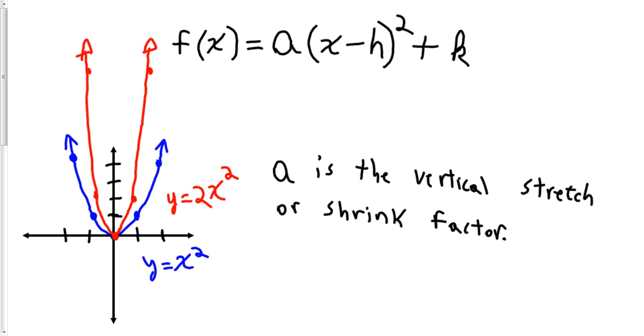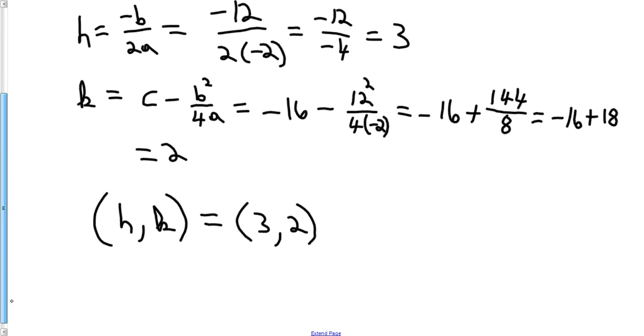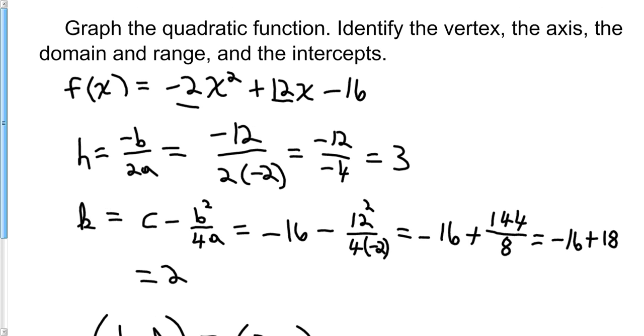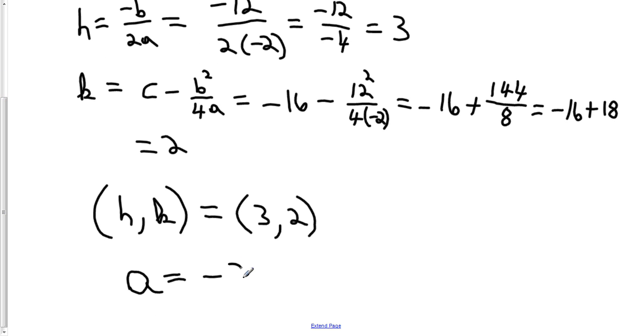Therefore, I know the value of a also for the graph of this parabola. I know that a is negative 2. All right, so a is negative 2.